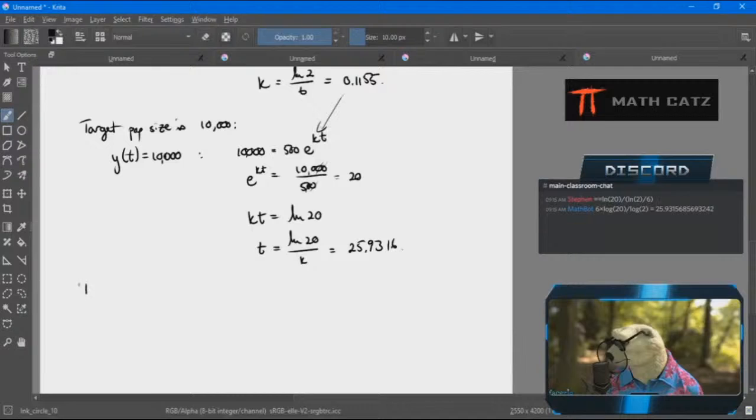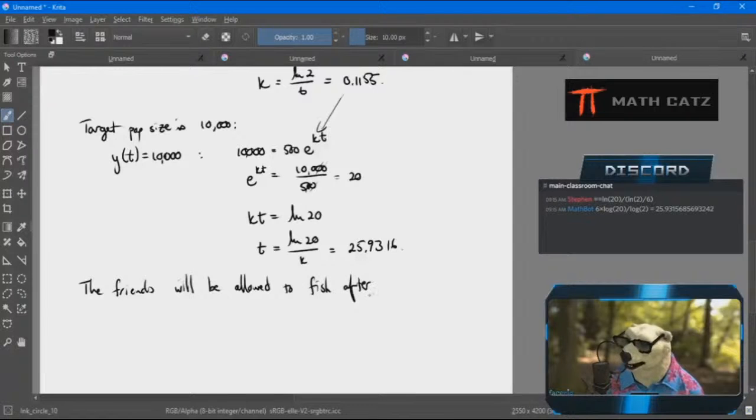So the friends will be allowed to fish after approximately 26 months.